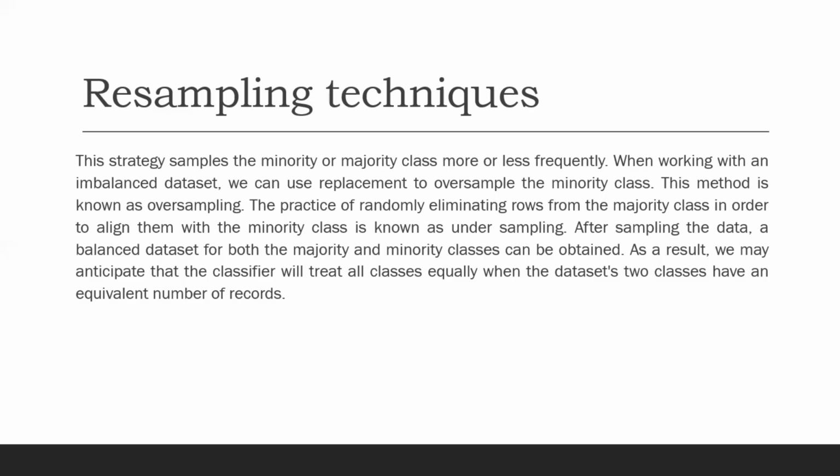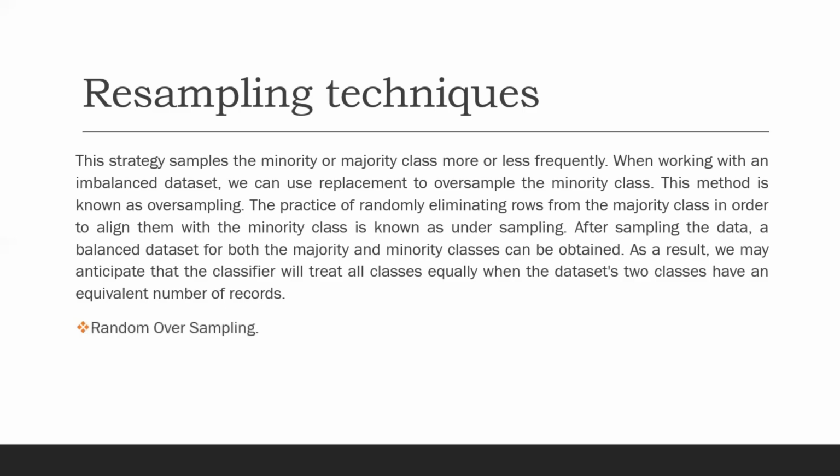After sampling the data, a balanced dataset for both the majority and minority classes can be obtained. As a result, we may anticipate that the classifier will treat all classes equally when the dataset's two classes have an equivalent number of records.